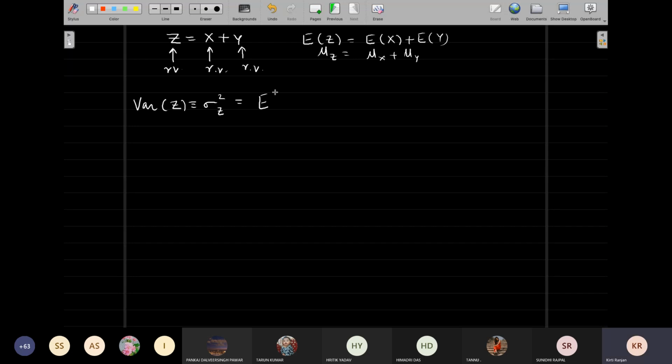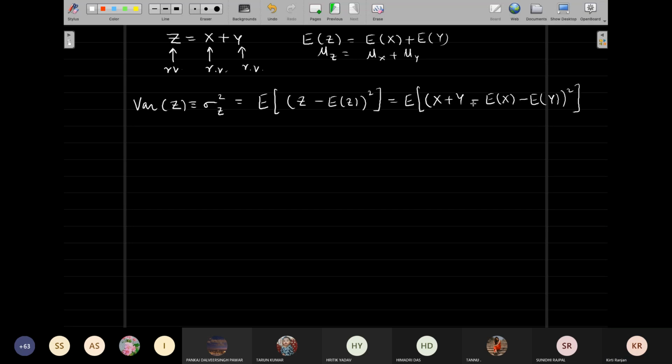How to find it? Z minus Ez, square. Fine. So I can expand it. Z is what? X plus y. Ez is what? Ex plus Ey, square. Then you do what?